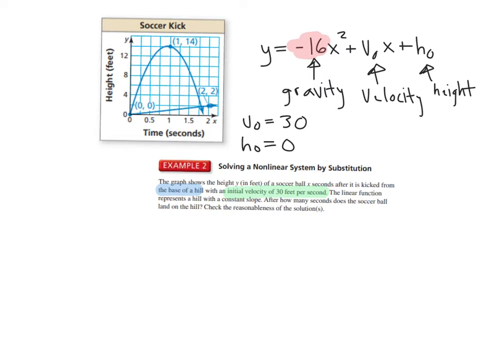You could also see this kind of information given to you on the graph over here. You'll notice this is starting at h sub 0, which is the height.